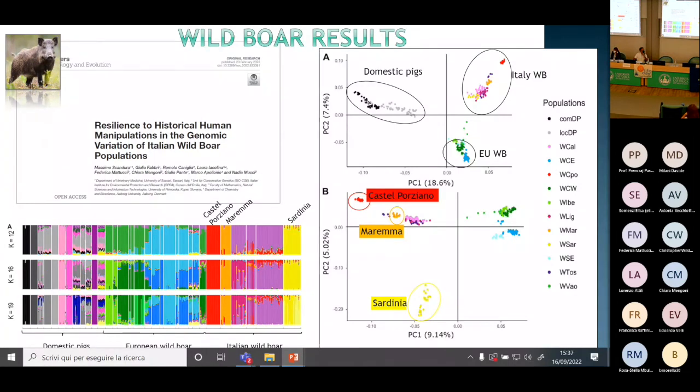Surprisingly, we didn't find significant domestic ancestry in the Italian wild boar populations, but conversely, we identified significant wild ancestry components in some local pig breeds.